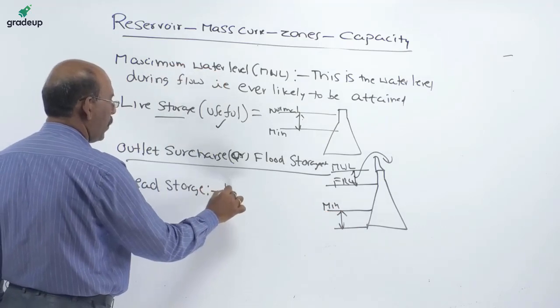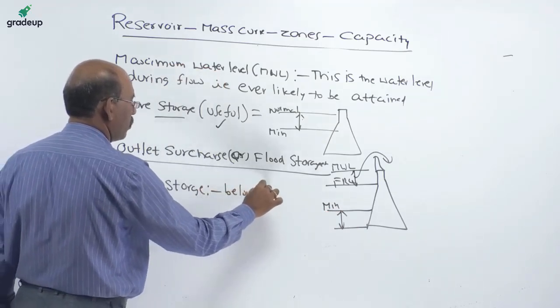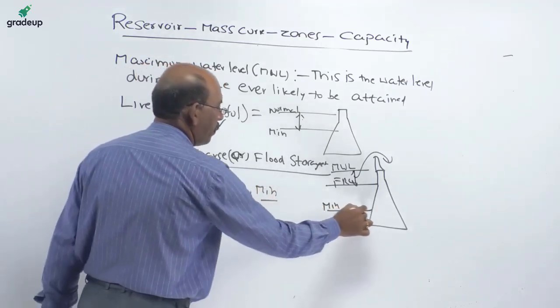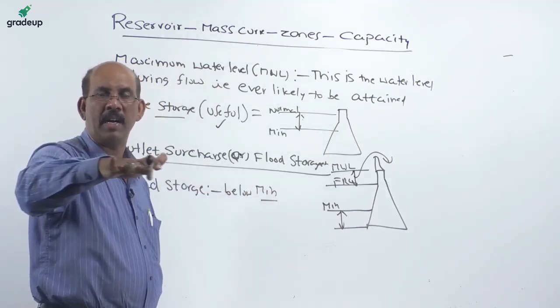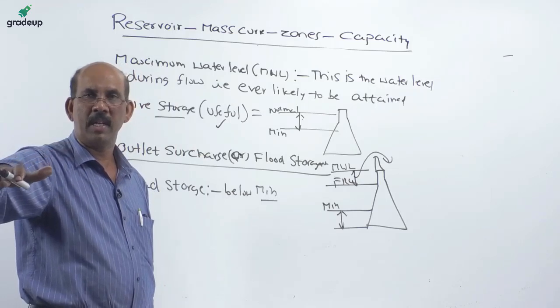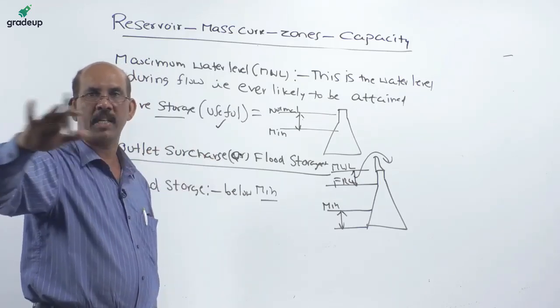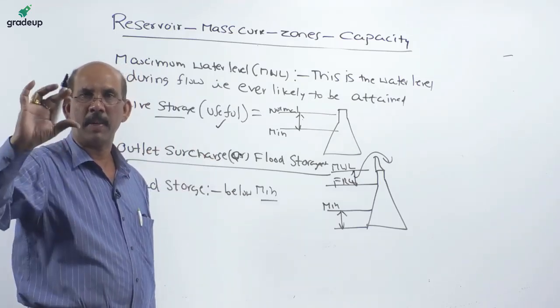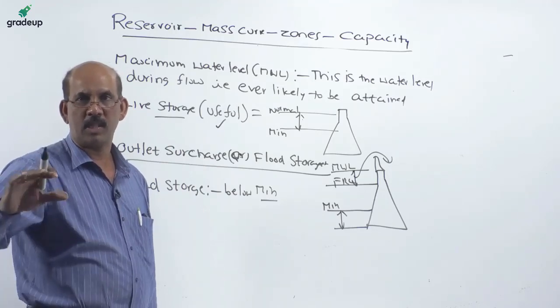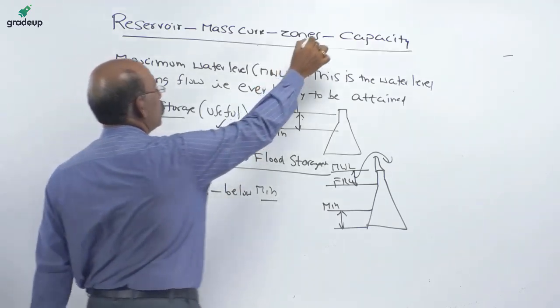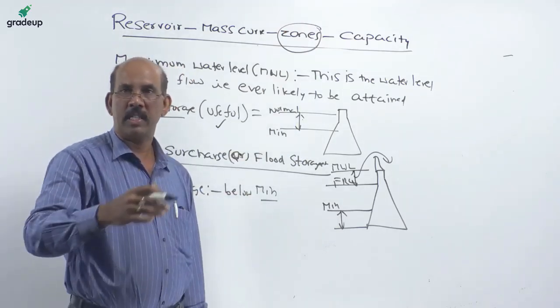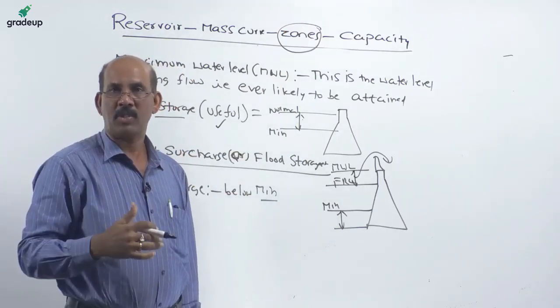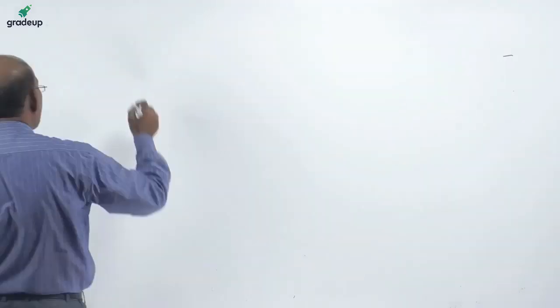Whatever is below this particular minimum water level, the space which is provided for the accumulation of sediment such that the sediment should not enter through the outlet, that particular storage is known as the dead storage. So these are the various zones of the reservoirs, and so we will see the next one, the capacity calculations.